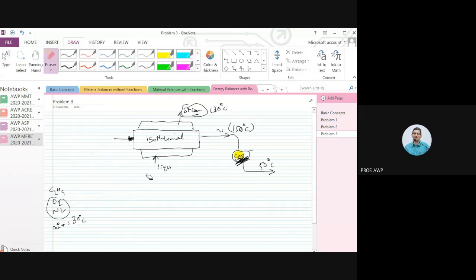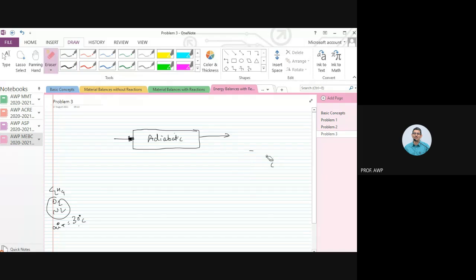So can we do it like this? We operate an adiabatic reactor, but we don't heat the reactants, we don't cool the products.